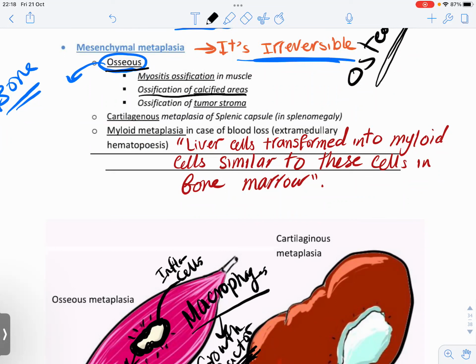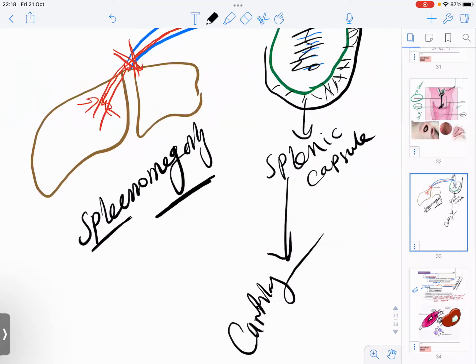And the last example is of mesenchymal metaplasia, myeloid metaplasia. What does myeloid metaplasia mean?